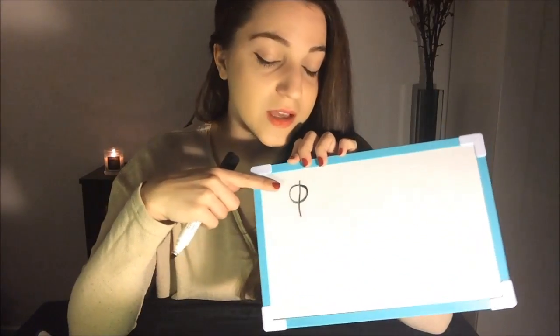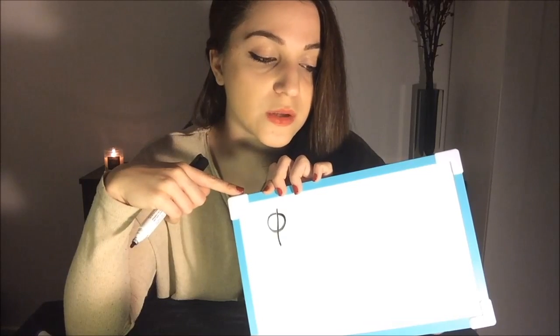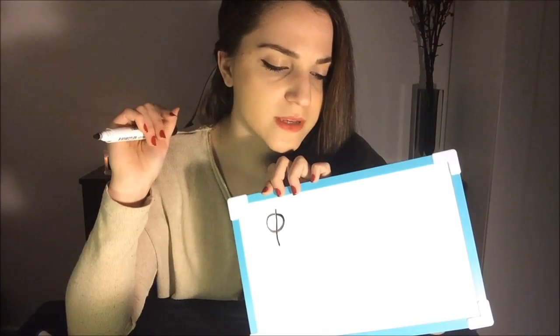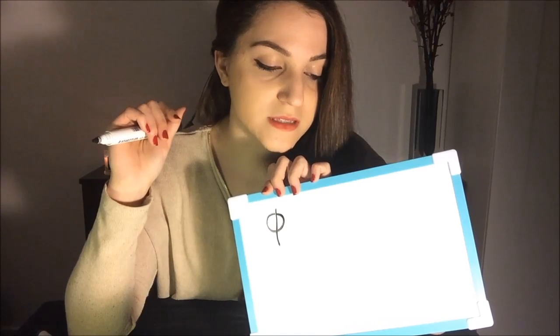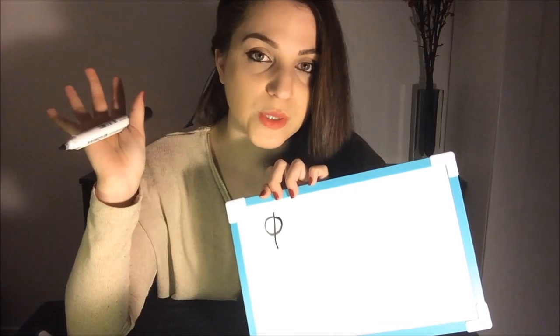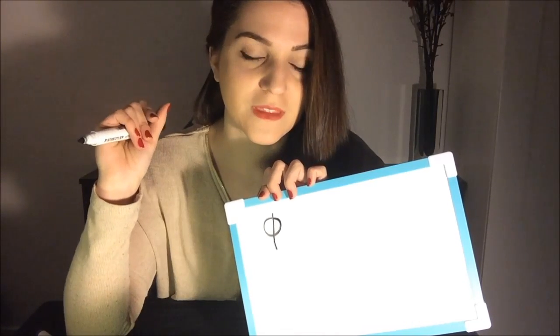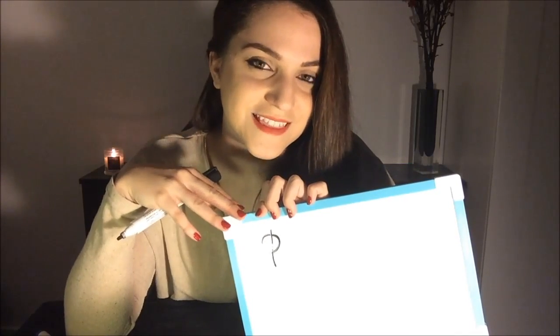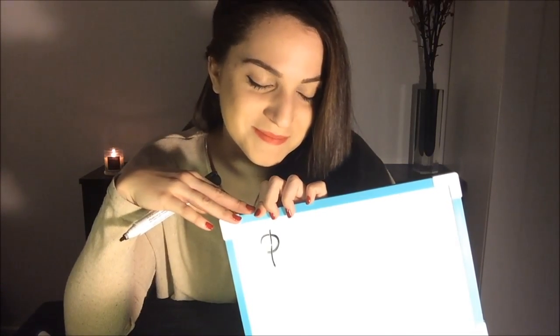Good. Now the letter phi, according to my notes, is the golden ratio. In mathematics, two quantities are in the golden ratio if the ratio is the same as the ratio of their sum to the larger of the two quantities. I would say here, this is all Greek to me.